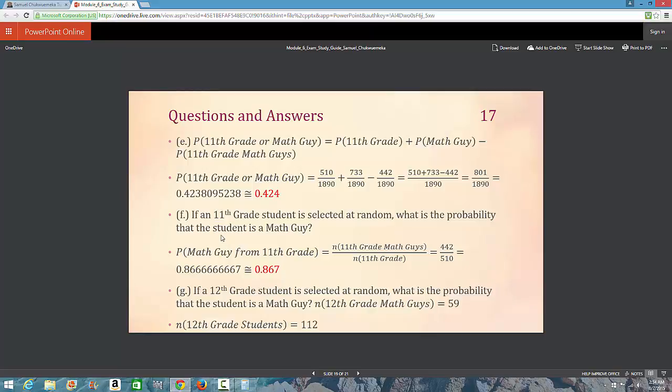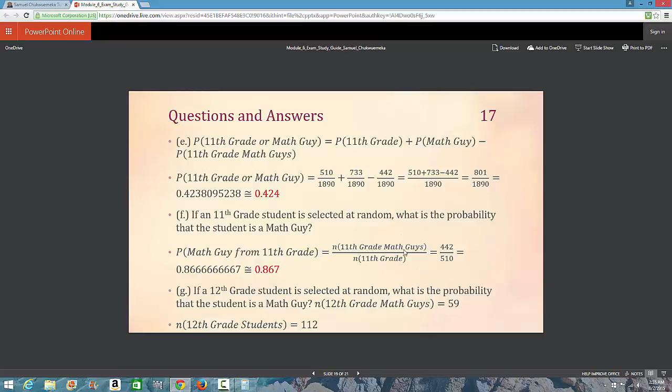We are just looking at a sample of the students, and the sample is from 11th grade. So the cardinality of the sample space will be only 11th grade students. And our event is just getting a math guy from the 11th grade students.